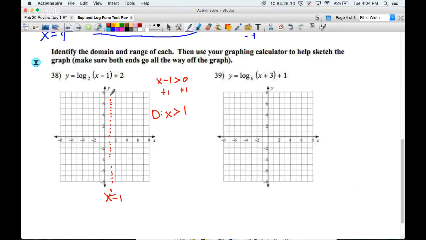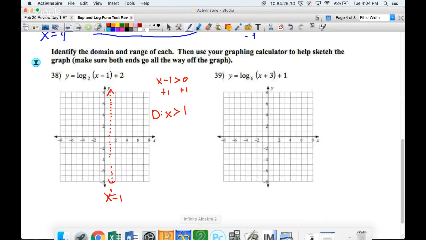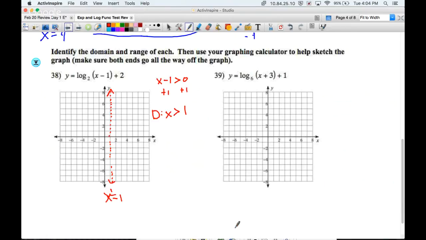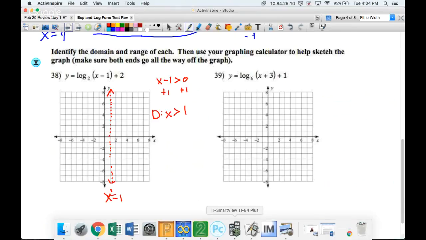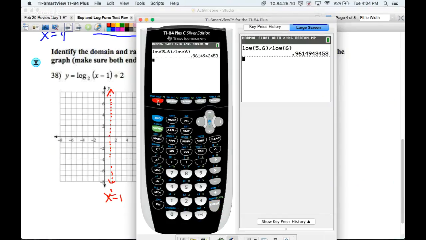All right, to graph this, it says we can use our graphing calculator, so let's just do that. I'm just going to plug it in and look for easy to plot points.